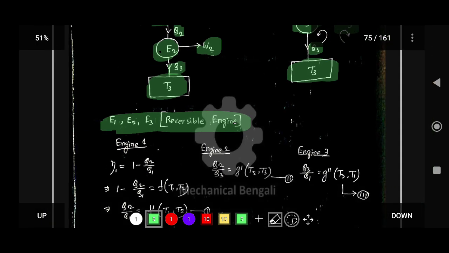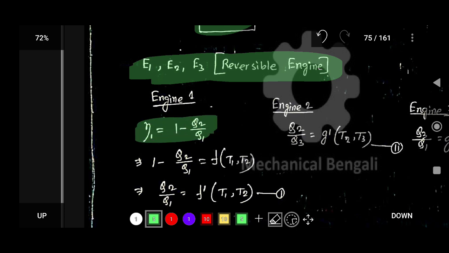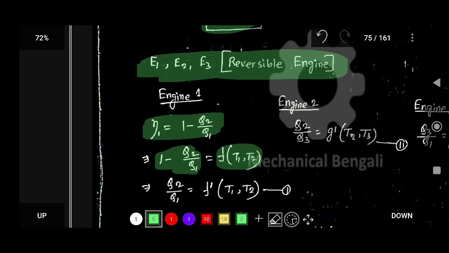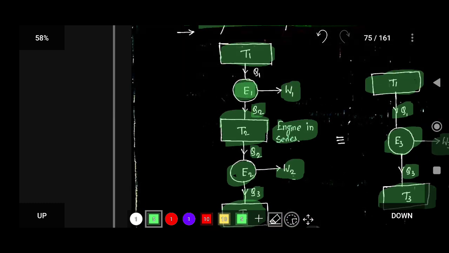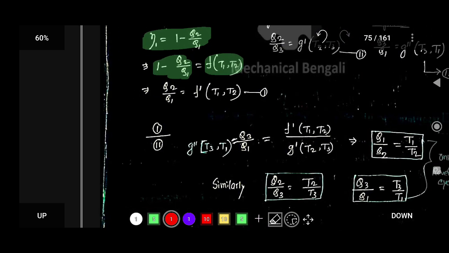From here, if you want to calculate the efficiency, the efficiency of engine 1 is 1 minus Q2 by Q1, which is basically a function of T1 and T2, because this efficiency depends on these two temperature limits, T1 and T2.